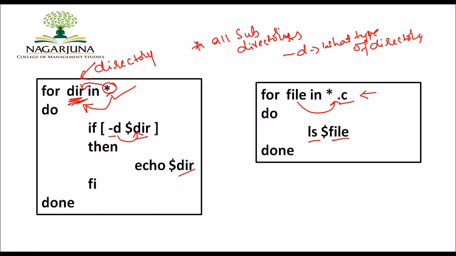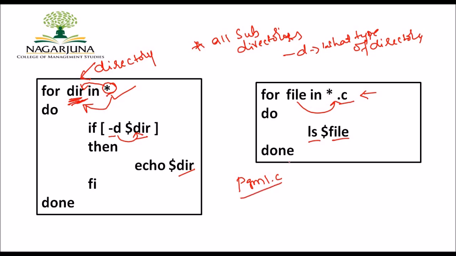Now it checks whether the file has the extension .c. Let me assume that we have a file called pgm1.c, and star represents all the files. So when I say all the files, pgm1.c also belongs to this star.